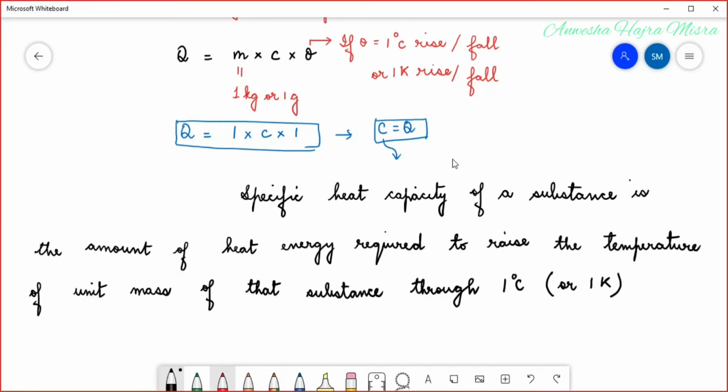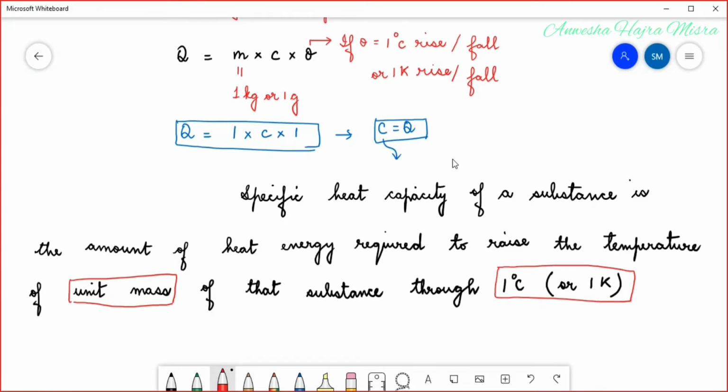Now when we write the definition of specific heat capacity, here we write unit mass. It is not necessary to mention whether it is 1 kg or 1 gram. But when we write about the change in temperature, it is very important that we write 1 degree Celsius or 1 Kelvin, because 1 degree Fahrenheit will be wrong.